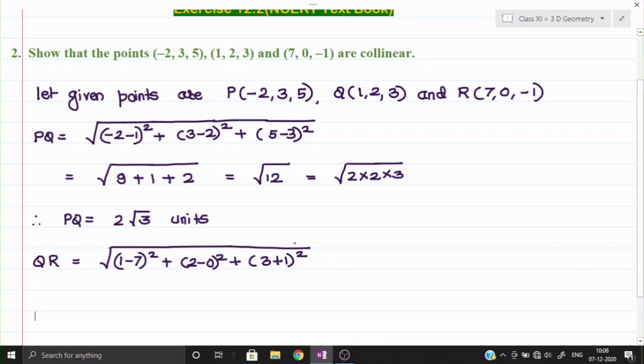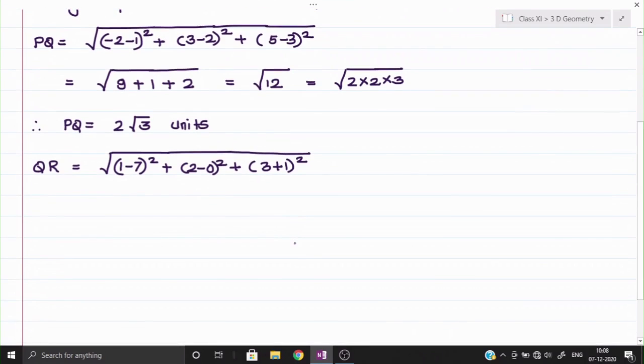Now further, 1 minus 7 will be minus 6, and minus 6 whole power 2 will be equal to 36, plus 4, and again 3 plus 1 is 4, so that is 16. 16 plus 4 is 20, and 20 plus 36 will become 56.